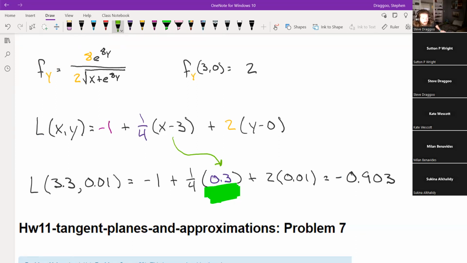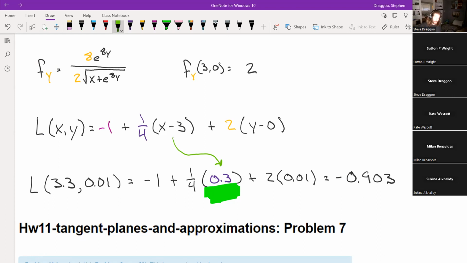My x value is 3.3, as noted. Right, yeah, so the x value itself is 3.3, but then I'm plugging it into x minus 3. So I get 3.3 minus 3, which is just 0.3. That's where it came from.